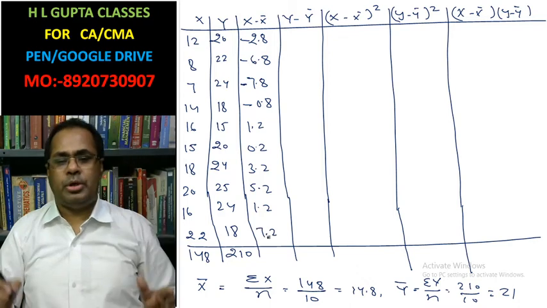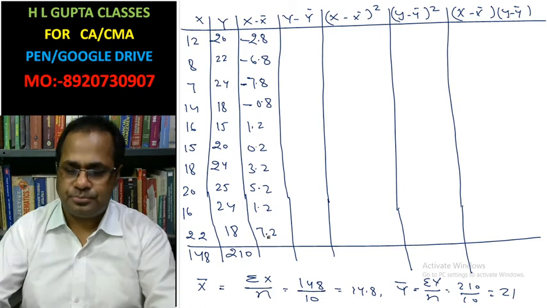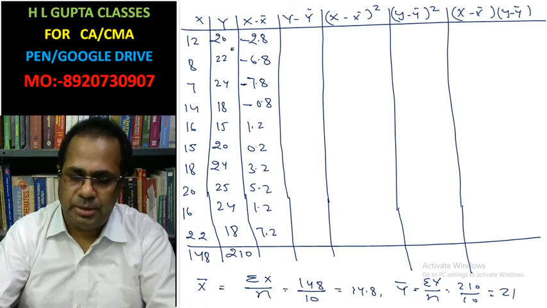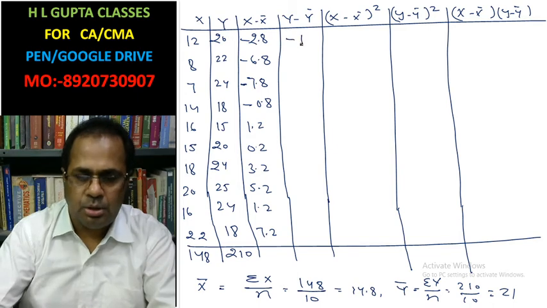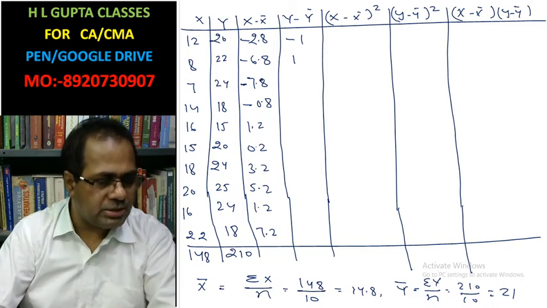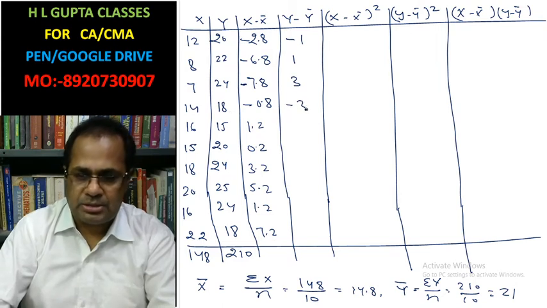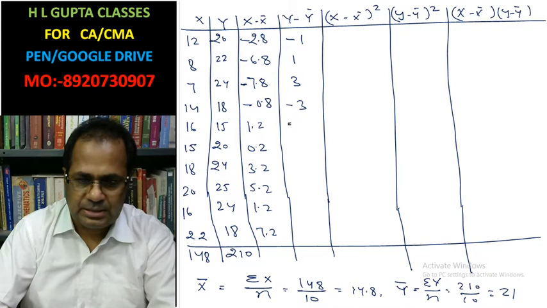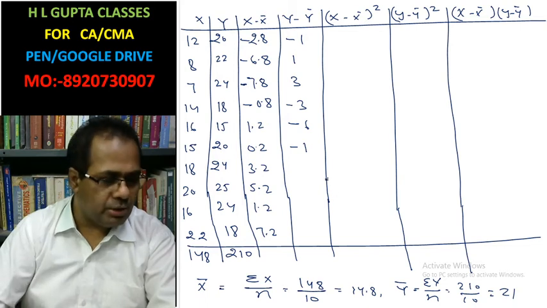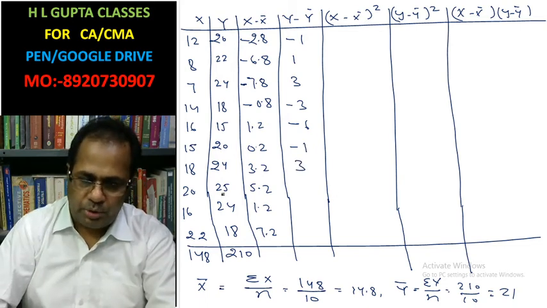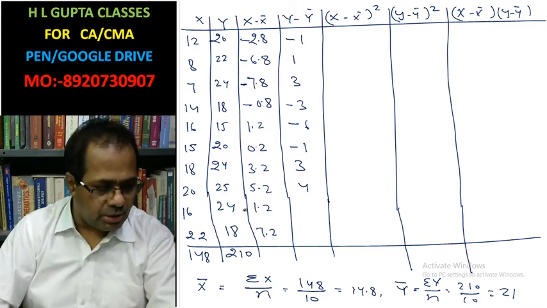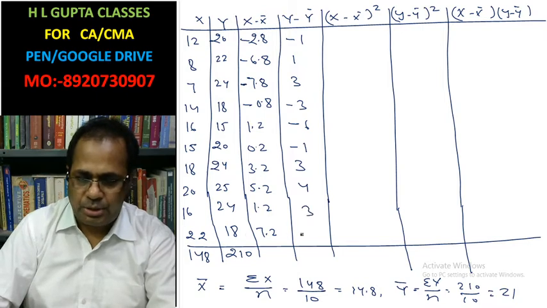Now calculate y minus y bar: 20 minus 21 is minus 1, 22 minus 21 is 1, 24 minus 21 is 3, 18 minus 21 is minus 3, 15 minus 21 is minus 6, 20 minus 21 is minus 1, 24 minus 21 is 3, 25 minus 21 is 4, 24 minus 21 is 3, 18 minus 21 is minus 3.